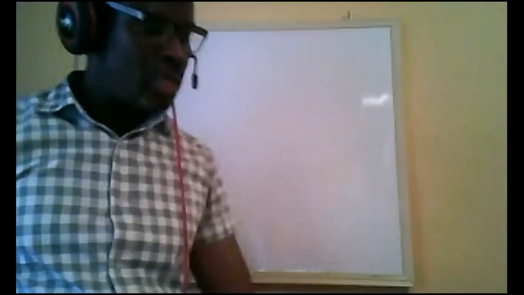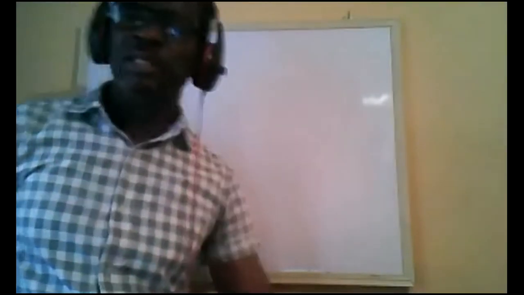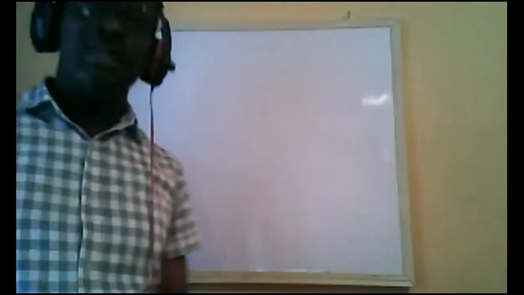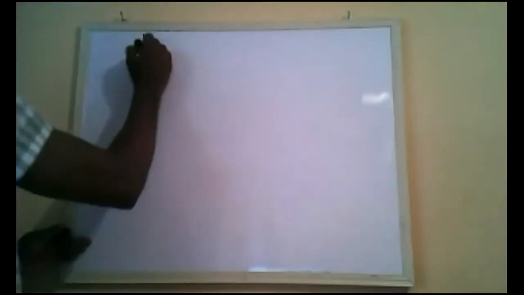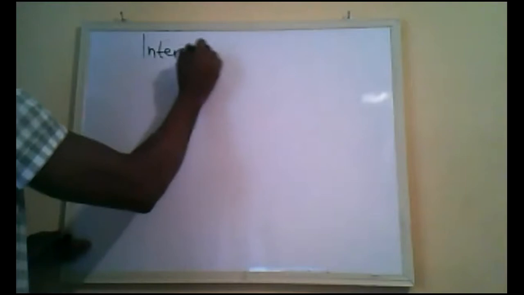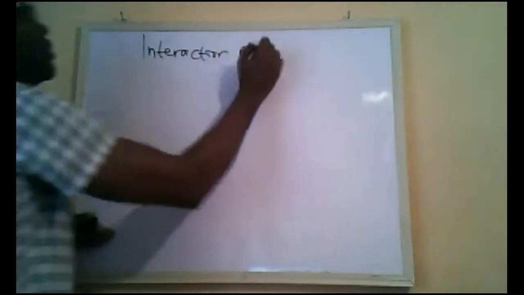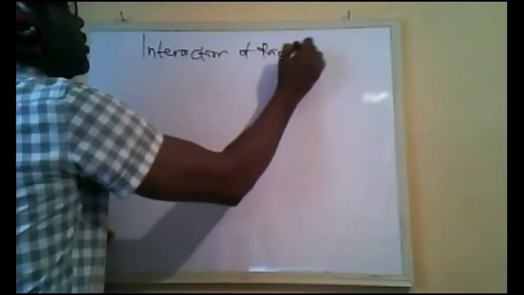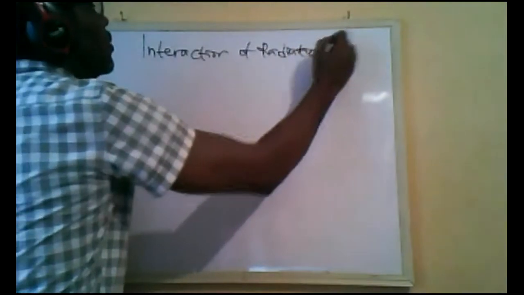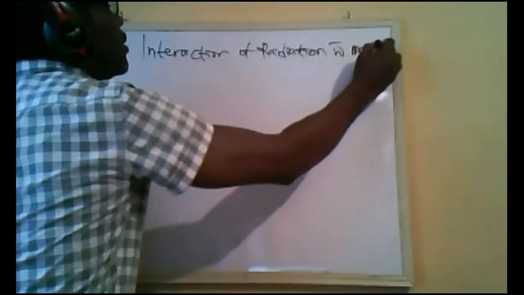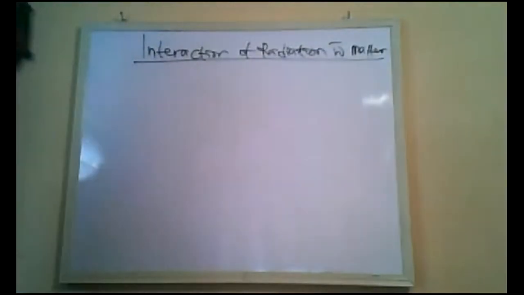When these interactions occur, what happens? The matter, the body, of course, processes will take place via excitation and so on. So we want to look at the interactions of radiation with matter.